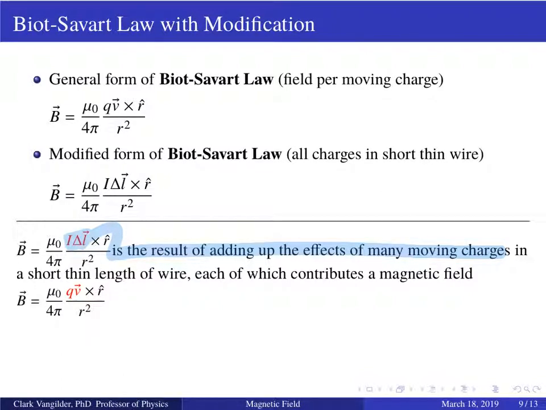And each one of those chunks produces, you know, this magnetic field. So you could think of tiny little chunks of delta L, and they're producing a magnetic field that's proportional to the charge speed in that area product.